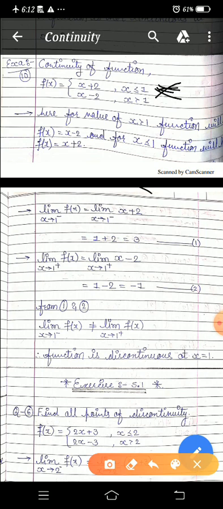So limit x tends to 1 minus of x plus 2. By putting the value of x, it will be 1 plus 2, and 1 plus 2 will be 3. Call that equation number 1.